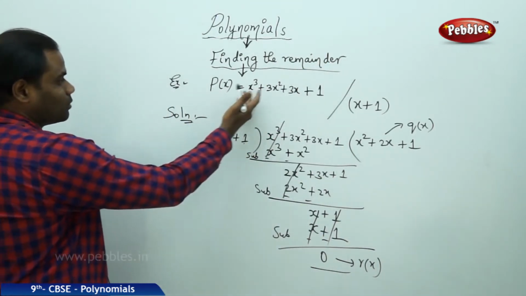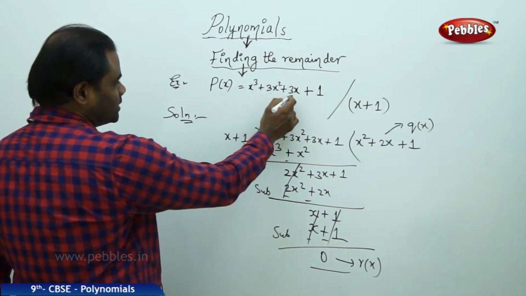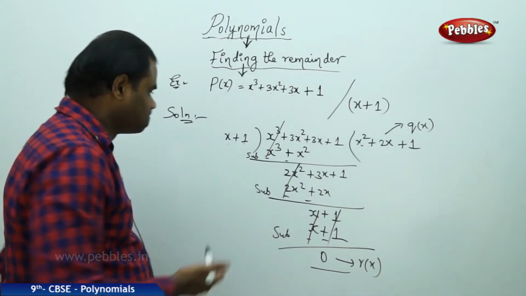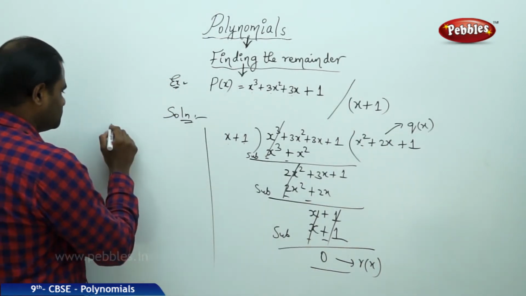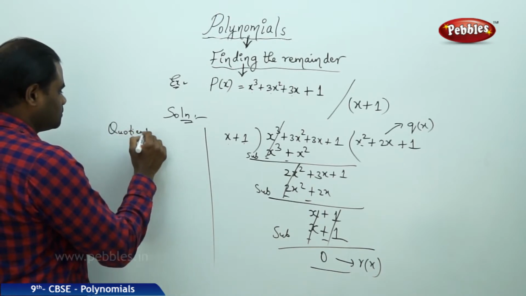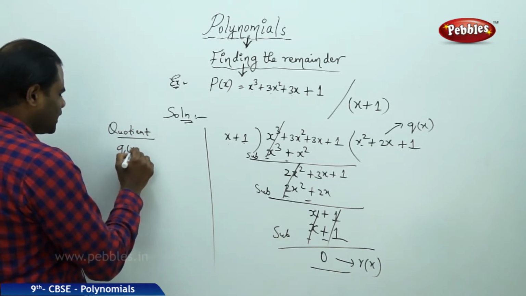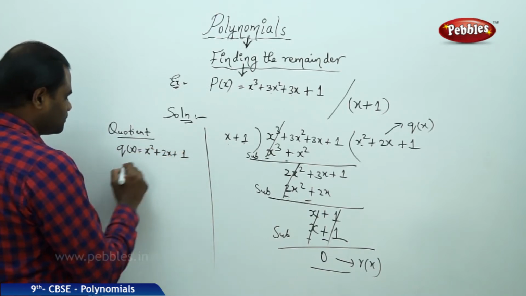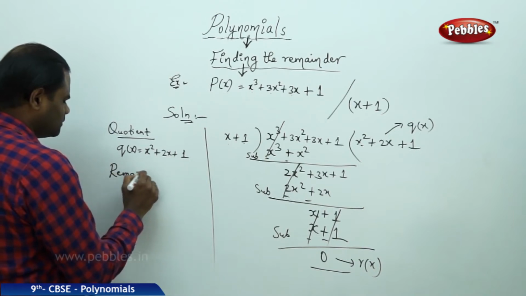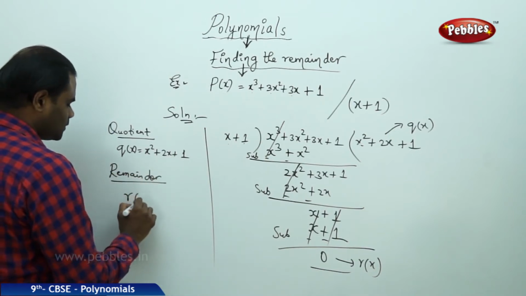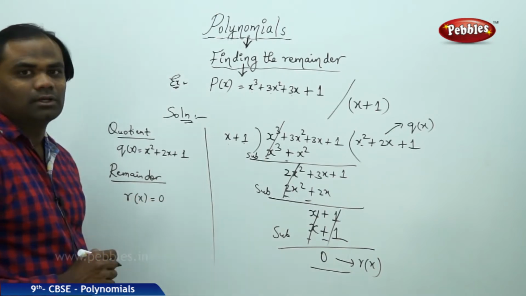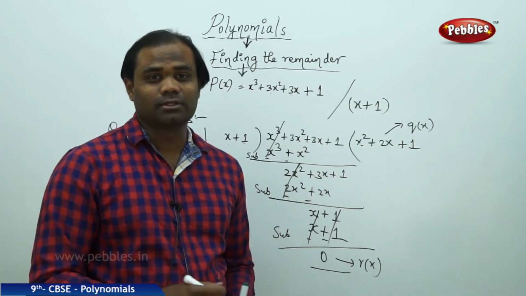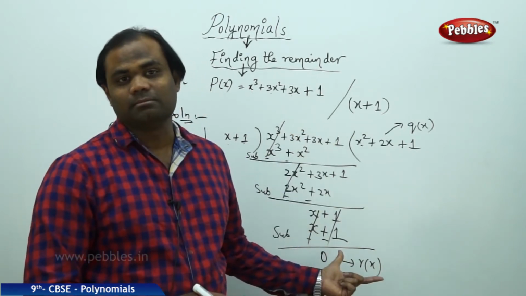Therefore, for the given polynomial p of x equals x cubed plus 3x squared plus 3x plus 1, when divided with the other polynomial x plus 1, I get my quotient q of x as x squared plus 2x plus 1, and I get my remainder r of x as 0. This is how we understand the process of finding the remainder and the quotient using the long division method.